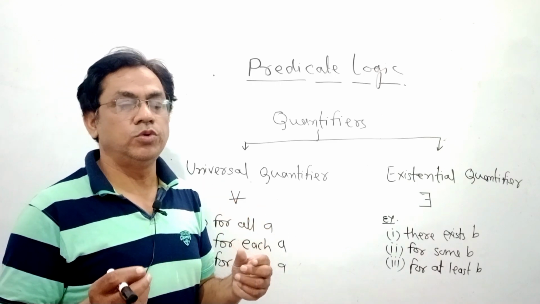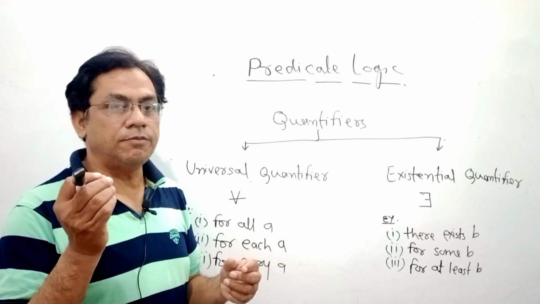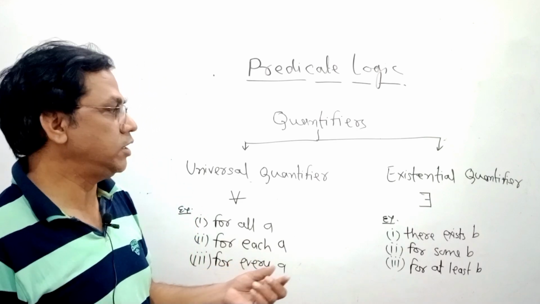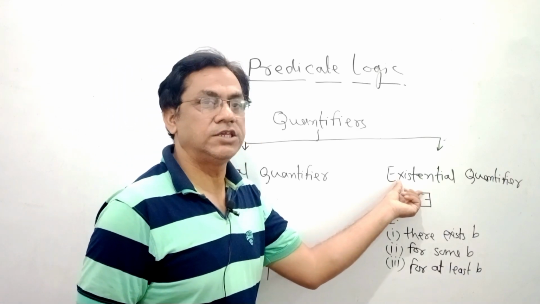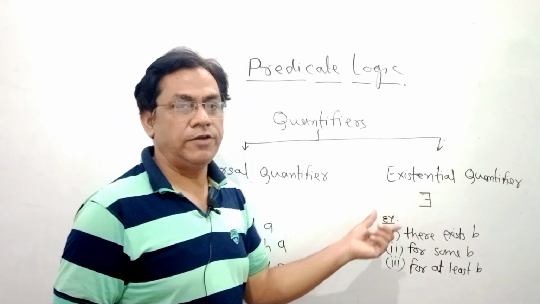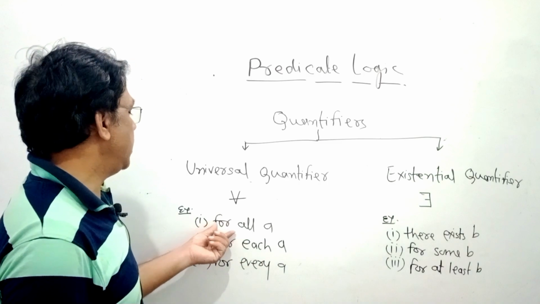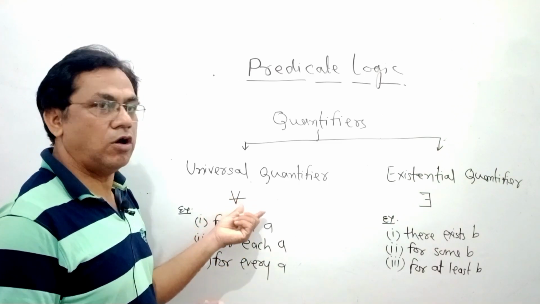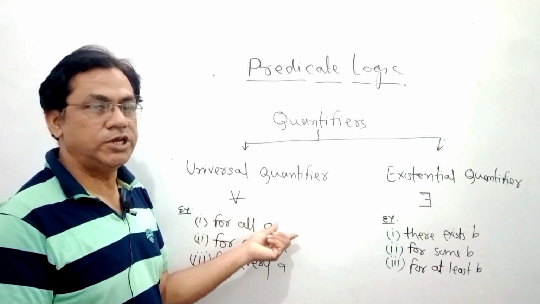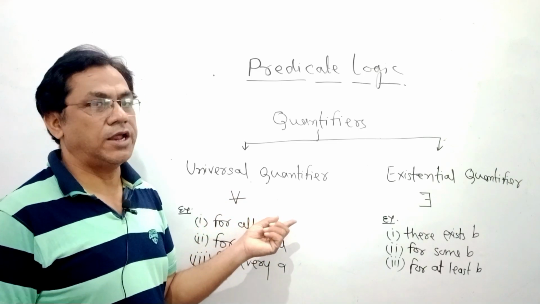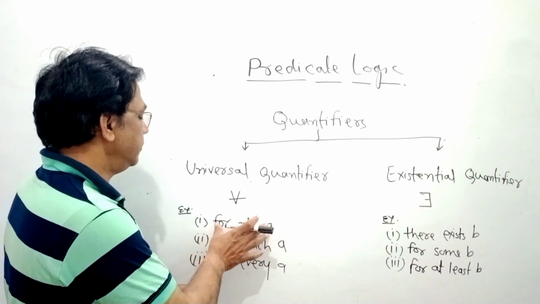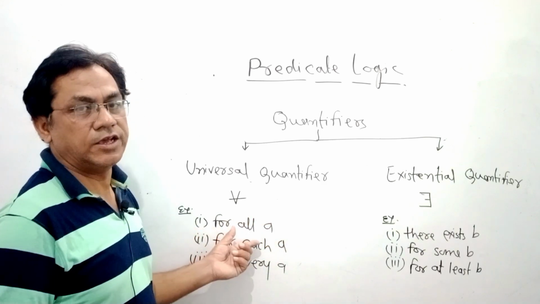If I want to show that only some of the objects have a particular relation to another object, we use the existential quantifier. For example, suppose I am writing "for all A." A is one of the objects, and if all the objects are related to another, we will see the example here. I am telling you in which way it is explained.